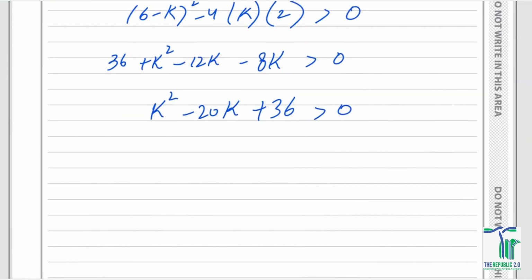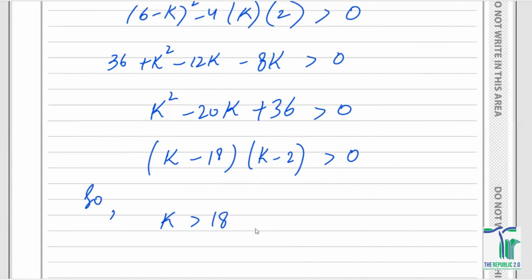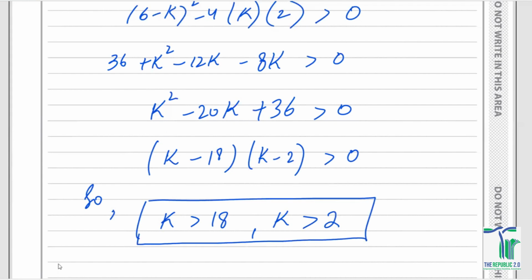So I've got this thing, right? And since we need to get the factor, I can rewrite it as k minus 18 times k minus 2 greater than 0. So k has to be greater than 18 and k has to be greater than 2 as well. So that is how you'll get yourself the final values of k.